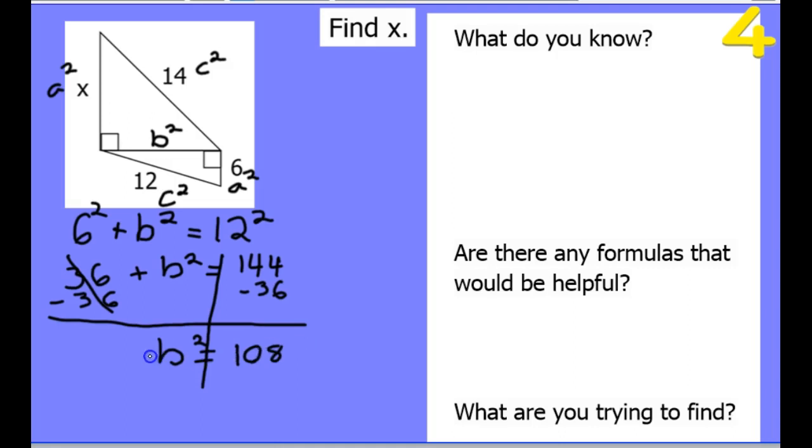So to find what b is, we need to do the square root of 108. And our b then is equal to 10.39. So we know our b is 10.39.